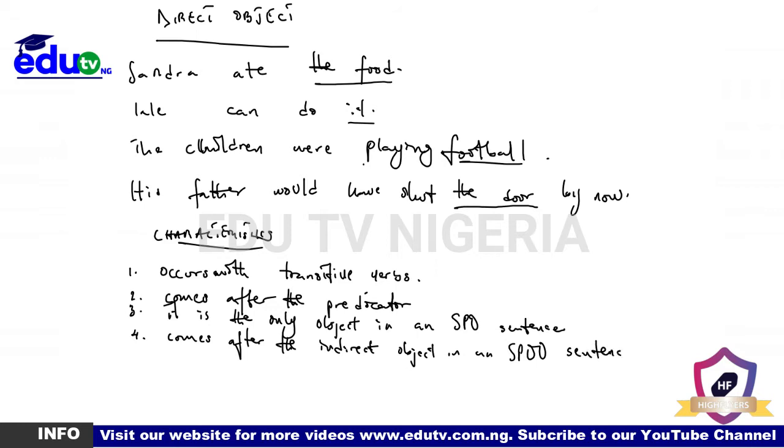So that means that when we have two objects, the first one is the indirect object while the second one is the direct object. This is the only time where it is permitted to come not immediately after the predicator, because we have two objects here, and the normal structure of English is that the indirect object should come before the direct object. That's just it, as simple as that.